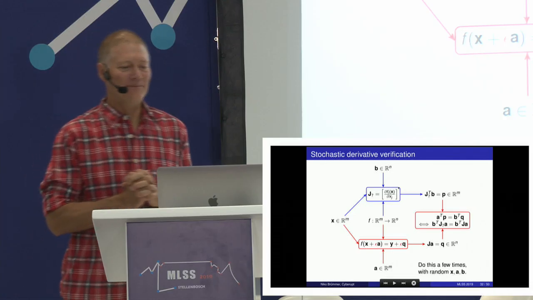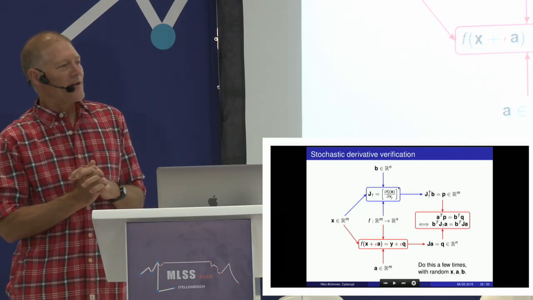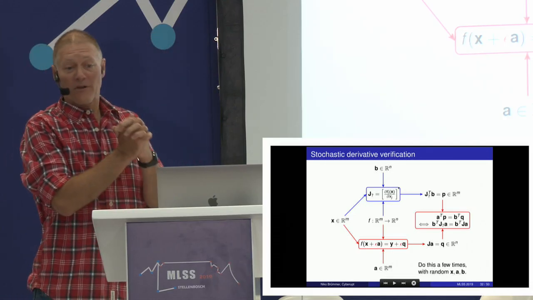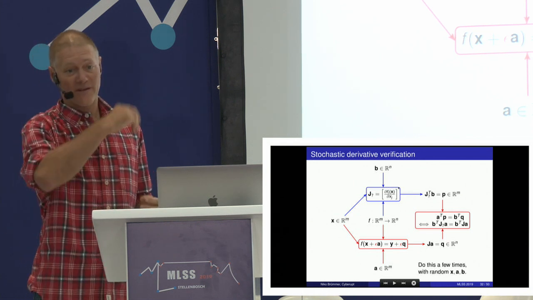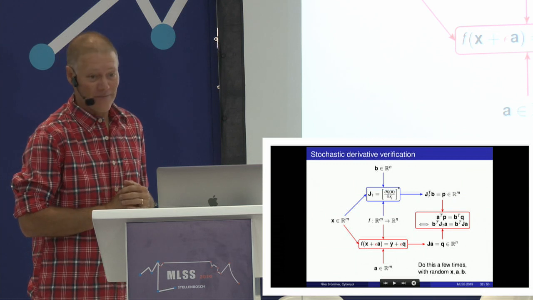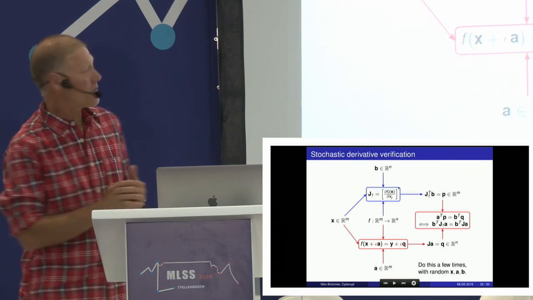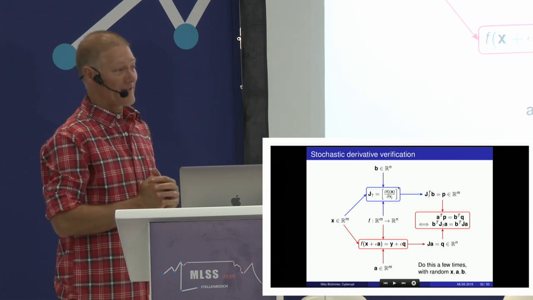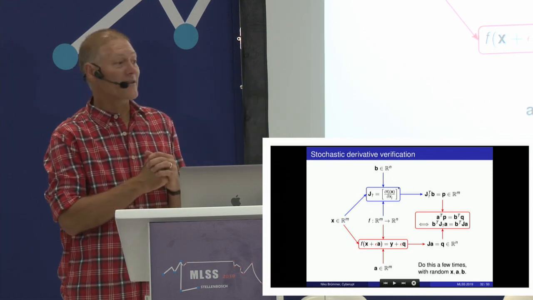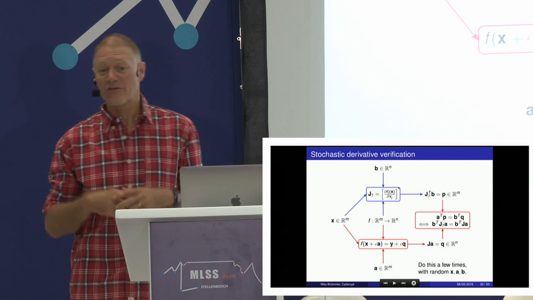So, if you have some platform that provides a derivative, let's say reverse mode automatic differentiation, and you don't trust it, I've put a little question mark at the Jacobian there, which means that Jacobian might not be the true Jacobian. We want to test it.